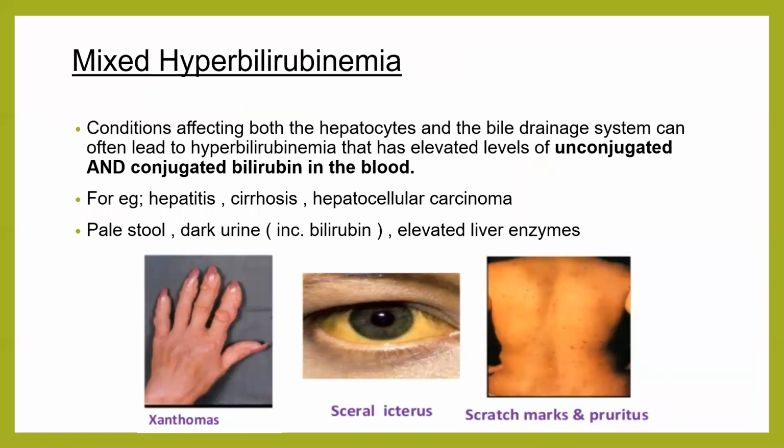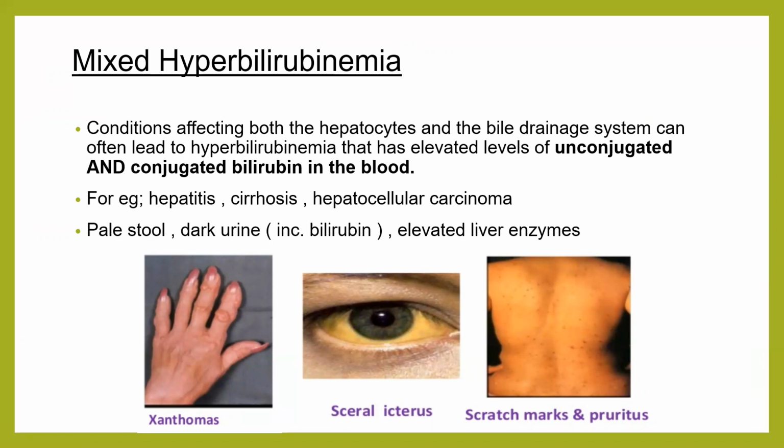We can also have an elevation of both unconjugated and conjugated bilirubin in the blood in the case wherein the destruction is at the level of the liver and the biliary pathway. So conditions affecting both the hepatocytes and the bile drainage system can often lead to a hyperbilirubinemia that has elevated levels of not just conjugated but also unconjugated bilirubin.